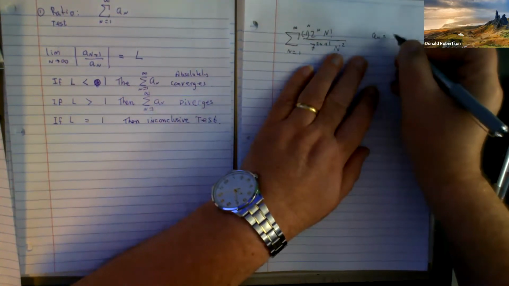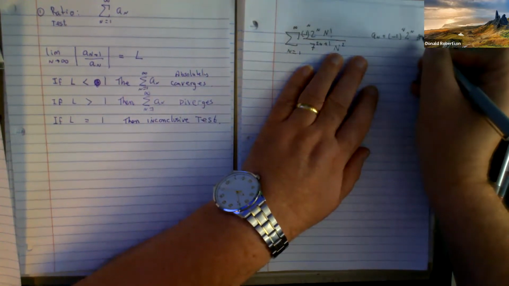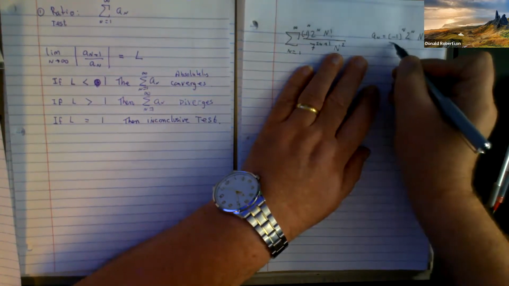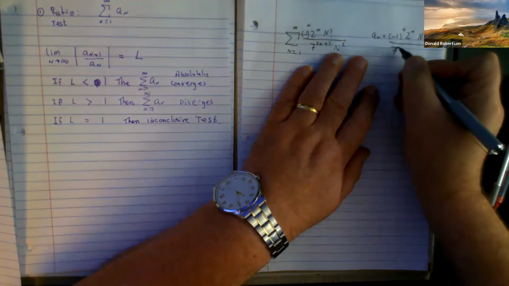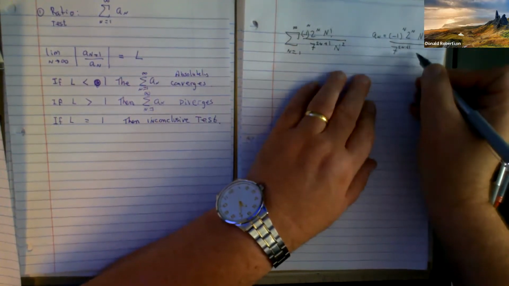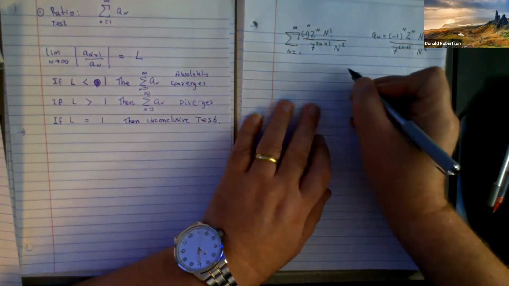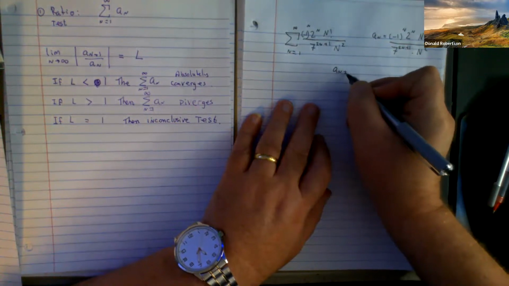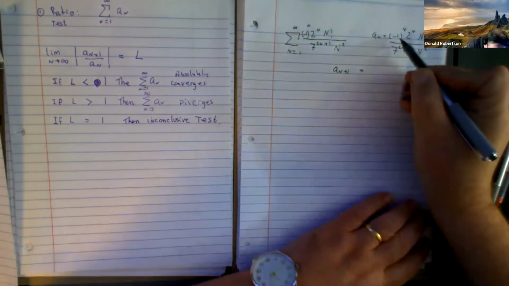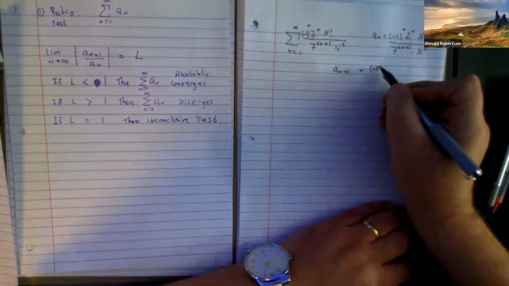So a_n is the untouched version. And by the way, that 7 to the 2n plus 1 is going to be an issue. Now, if you want to do a_(n+1), take each piece and replace the n by n plus 1.